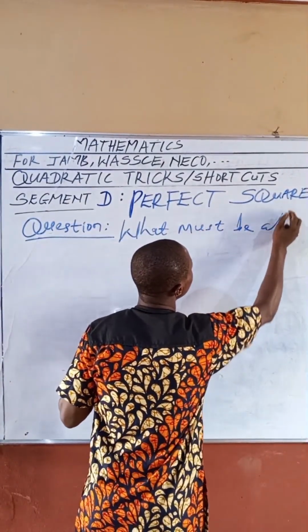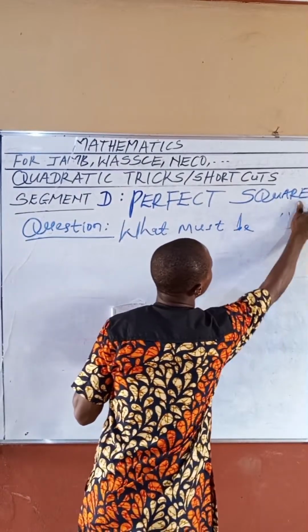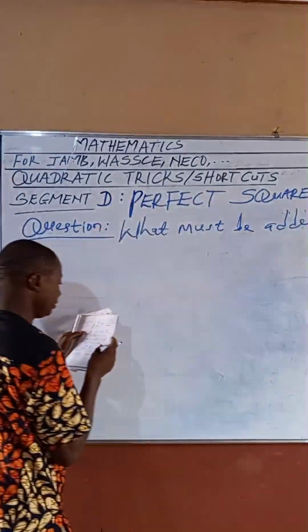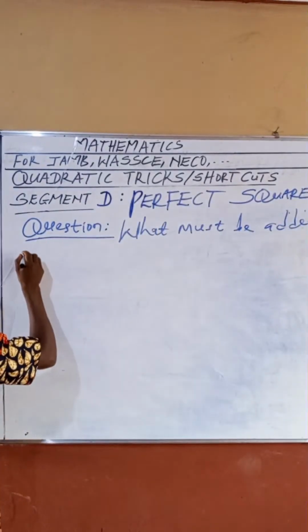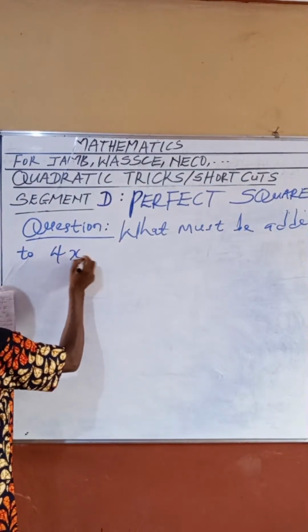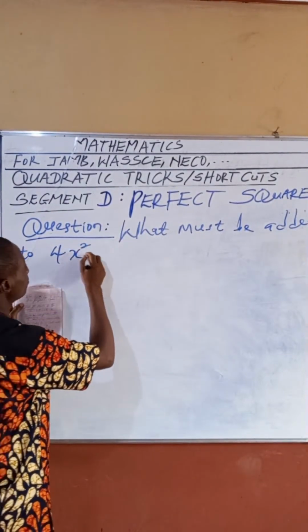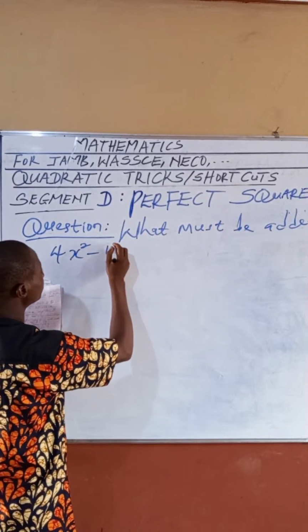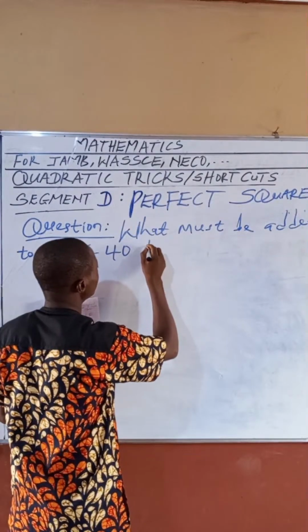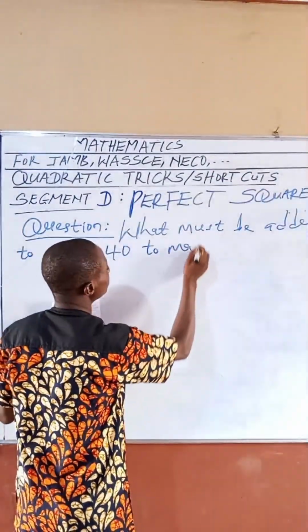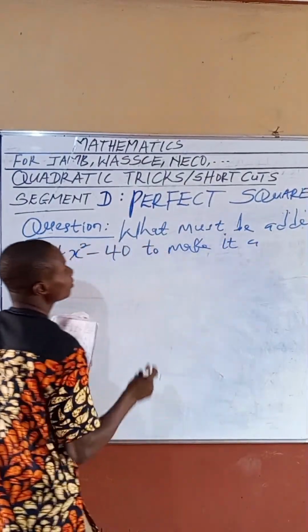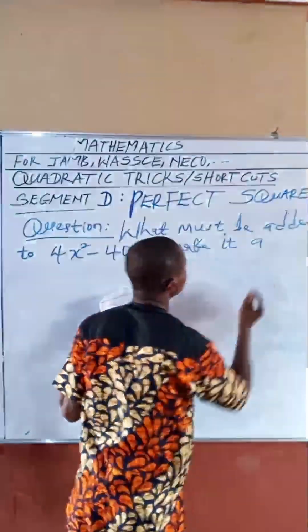What must be added to 4x squared minus 40 to make it a perfect square?